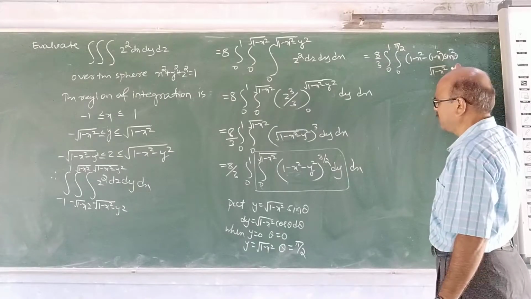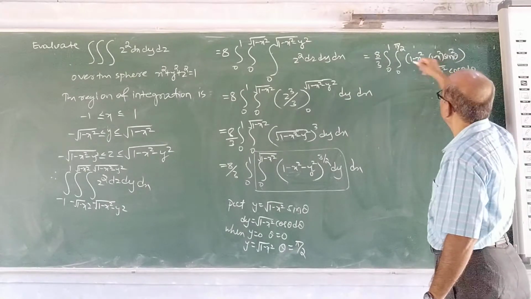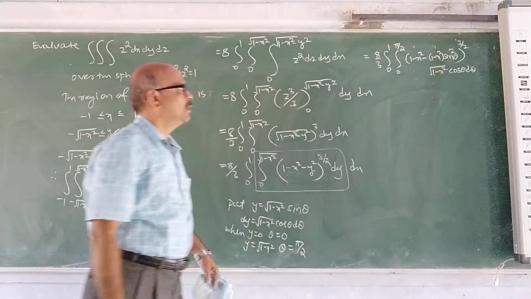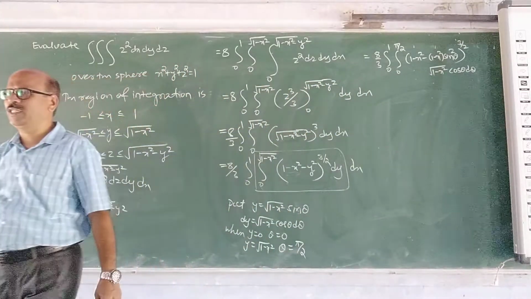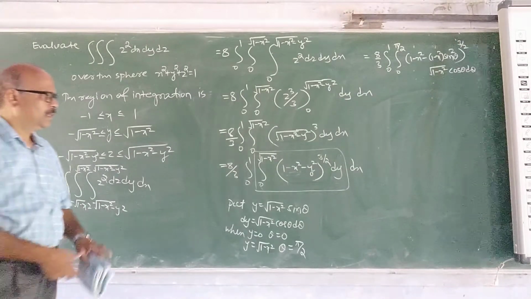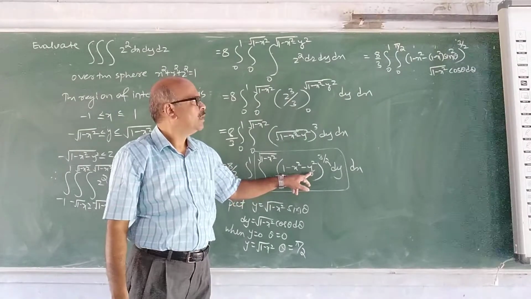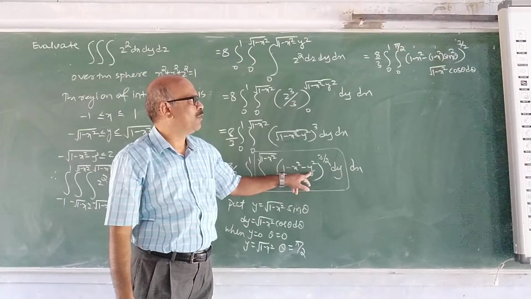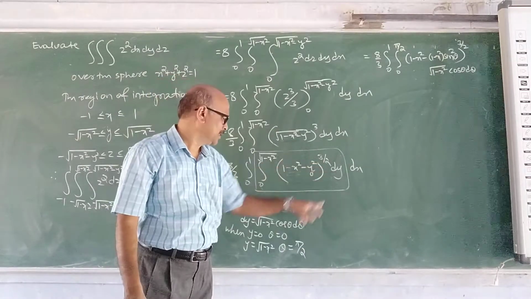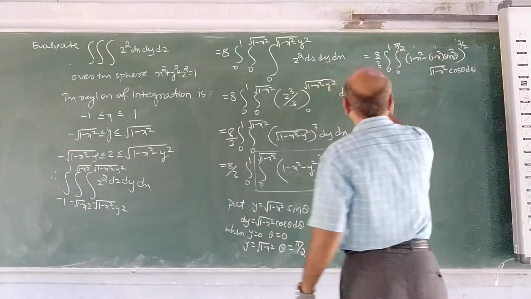Root 1 minus x square cos theta d theta, but this is raised to 3 by 2. To verify once whether the substitution is correct: substitute y, what is y? 1 minus x square sin square theta, y square, raised to 3 by 2 is there. This is dy. Limits 0 to pi by 2.